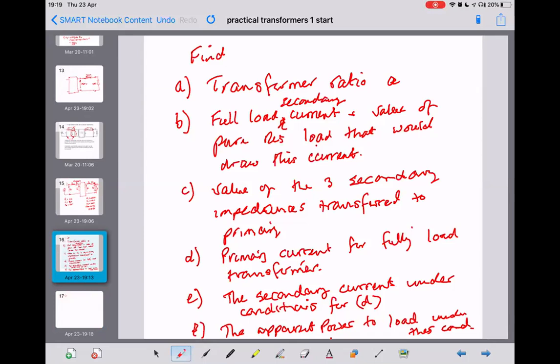Under these conditions, the same conditions as in parts D and E. The situation there is the transformer's rated at 100 kVA, so it's got a full load current. But when you're trying to draw that full load current, you're going to have losses due to X1 and R1 in the primary, and X2 and R2 in the secondary. It means you don't actually draw that much current. Do you see what I mean? Yep.